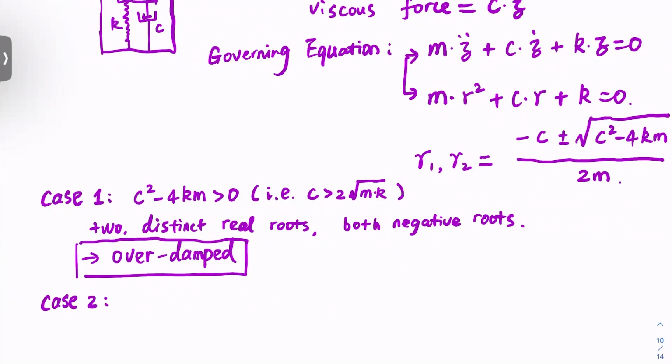based on the roots, you would have different solutions. So case 2 is, what if your c squared minus 4km is 0? That means your c, the viscous coefficient, is exactly 2 square root of km.